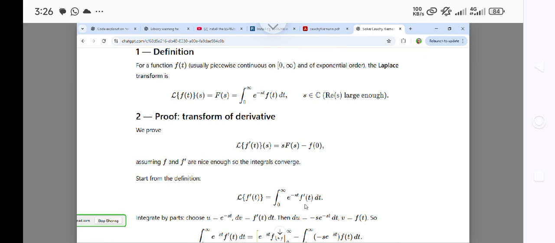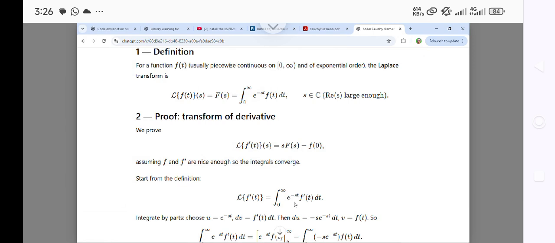Now, we want to integrate this to get the answer. We follow integration by parts.